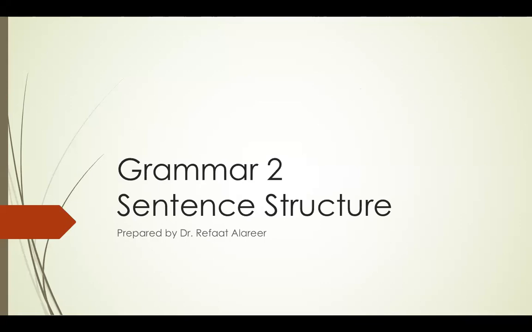Now, last time we differentiated between two significant things in a sentence: the phrase, which is basically a group of words with no finite verb, and the clause, which could be either dependent, subordinate, or independent and main.